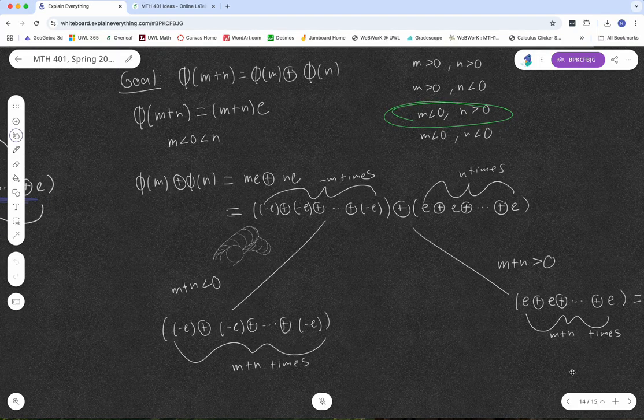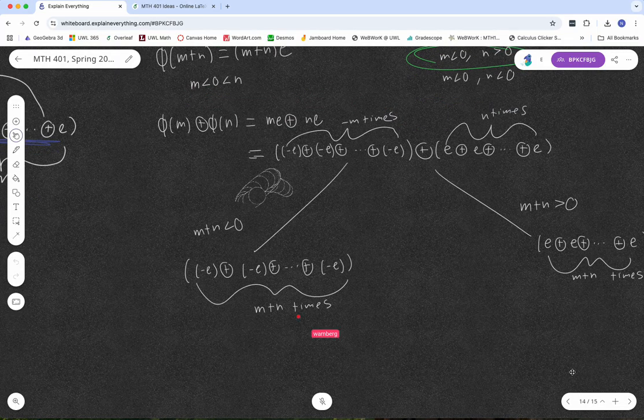Remember, we're trying to show this. This one is weird. m plus n times... m plus n is negative. I'm just trying to think about the definition.